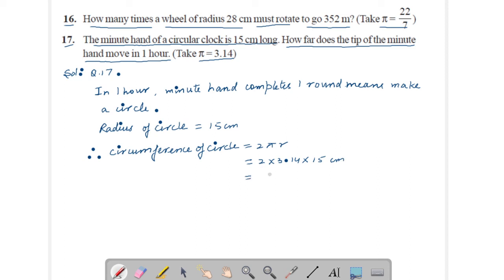Multiply this, you will get 94.2 centimeter.